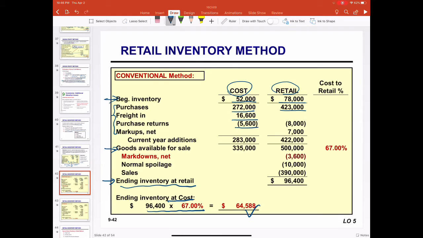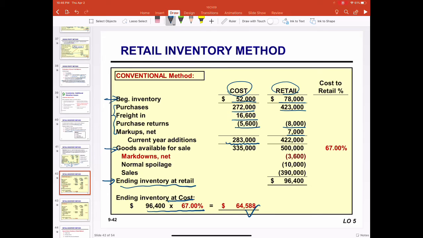Purchase return, we are going to subtract this from the purchase, and this is purchase at retail, so we subtract from the total retail. If there's any markup, it does not affect the cost, it only affects retail, which increases the sales revenue. After summing all this information, the total purchase after markup is 283.